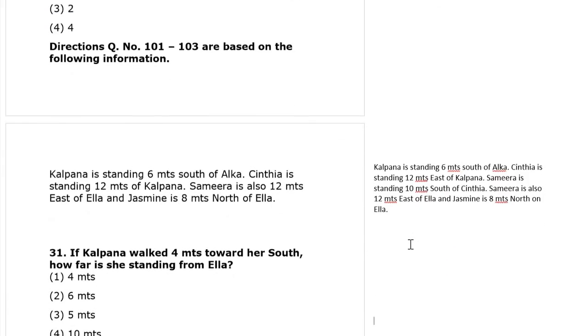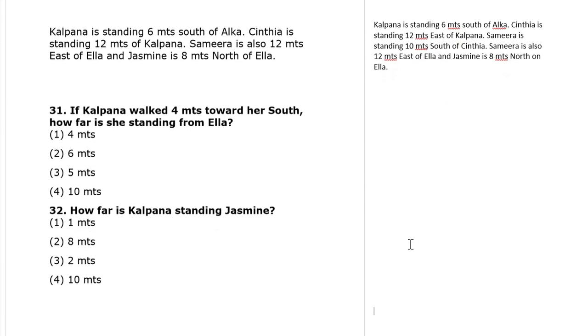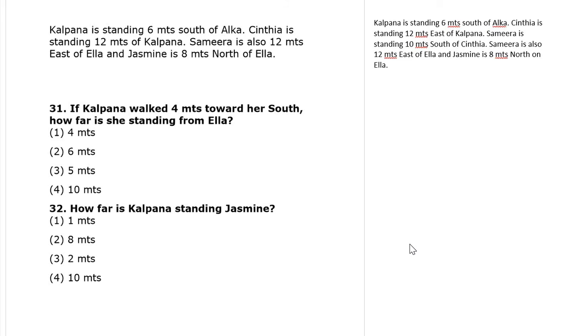So here, direction based question. Okay. So here some sentences are missing. Therefore, again I copy paste here. So first it's a direction based question. Make a direction: east, west, north, south. Okay. The question is Kalpana is standing 6 meters south of Alka. Suppose Alka is here, 6 meter, so here it is 6 meter, Kalpana.